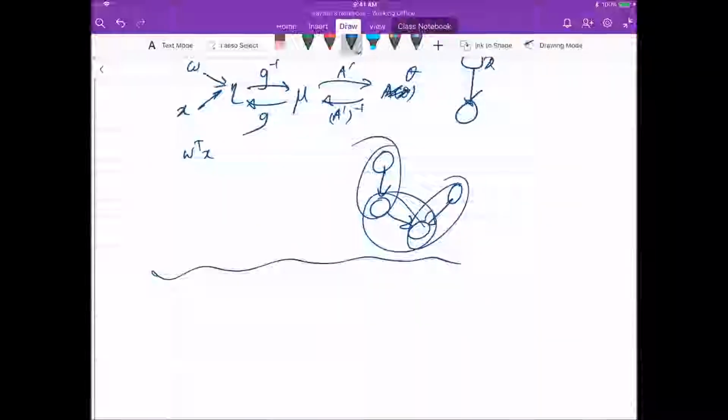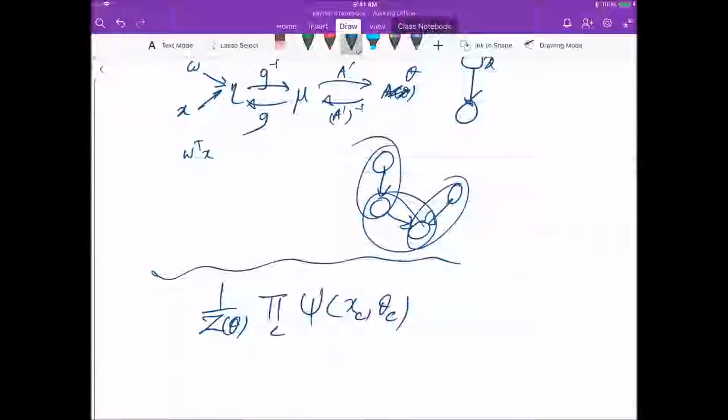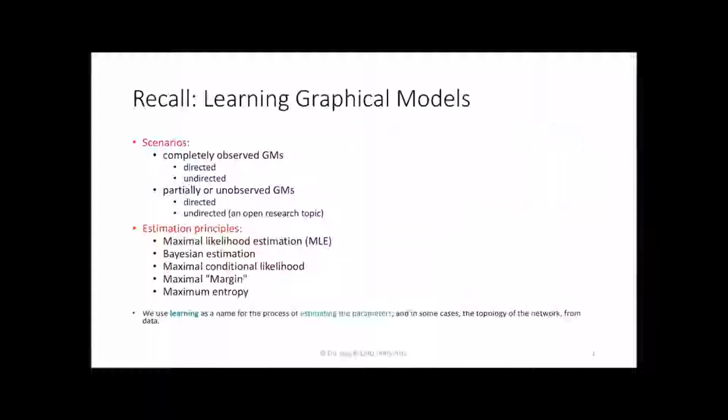The UGM was slightly different because in a UGM we have this form of multiplication of all of these factors, where C is the factor of the variables and theta C was the parameter of the factor C. And we mentioned that maximum likelihood is more complicated because they are coupled through Z of theta. But in both of these settings, we didn't talk about what happens if some of the variables are unobserved. We assumed that everything is observed. So today we are going to talk about that.